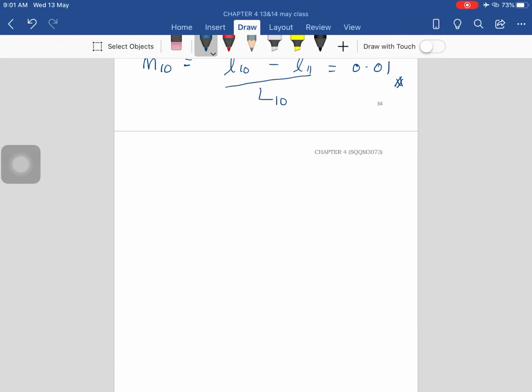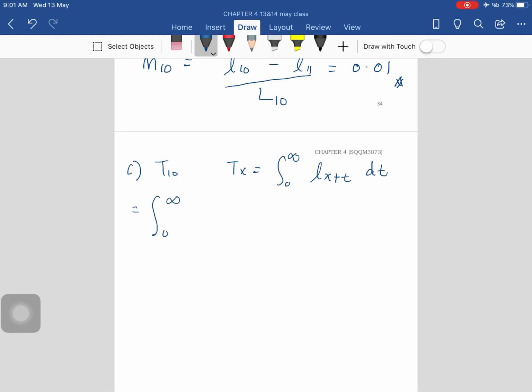Okay, the last one, we have to find T10. How to find T10? The formula is Tx equals the integral from 0 to infinity of Lx plus T dt. So T10 is equal to the integral from 0 to infinity of L10 plus T dt.